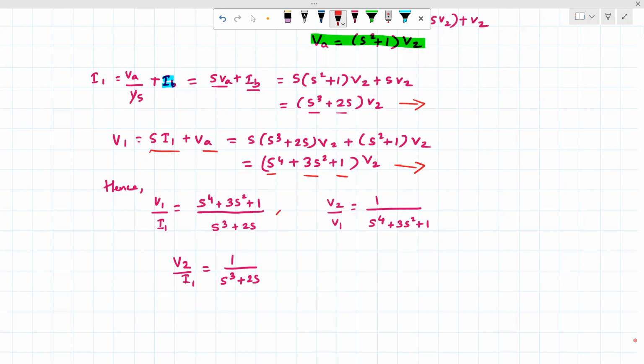So finally we will arrive at this. Similarly, V2 by V1 will give me the value 1 divided by S raised to 4 plus 3S square plus 1. And V2 by I1 will give me 1 divided by S cube plus 2S. So this completes the numerical.